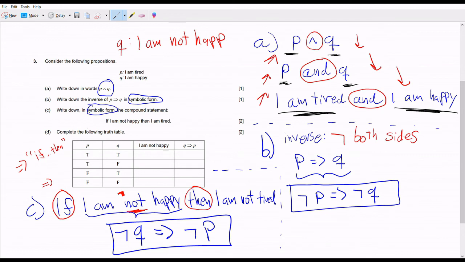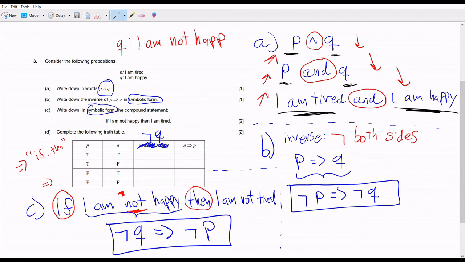Finally, for part D, we need to complete the following truth table. Here they give us I am not happy, but as we have defined here, this is basically not Q. I suggest replacing it symbolically because it makes it easier to read.